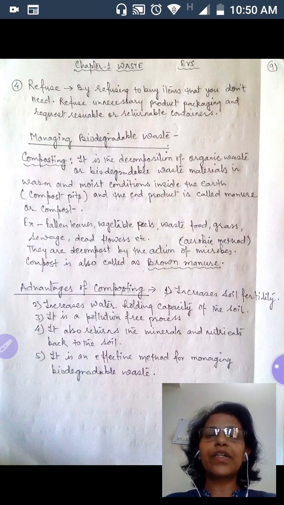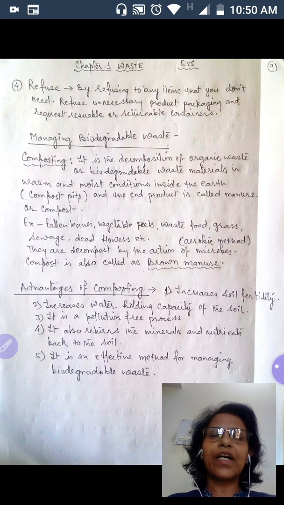In this method, we can use fallen leaves, vegetable waste, food waste, grass, sewage, dead flowers and other materials. This is also known as brown manure.